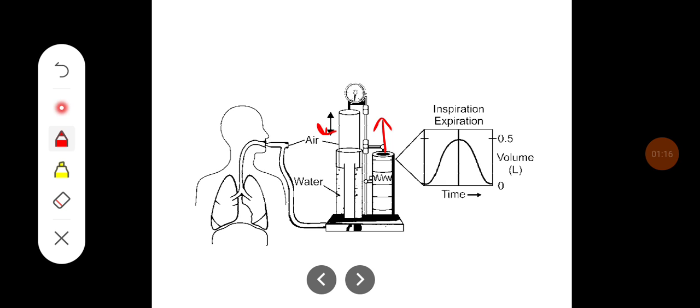So inspiration is recorded as upward deflection, and when the person expires, it is going to move the chamber in an upward direction and the lever in a downward direction. So expiration is always demarcated by the downward deflection.